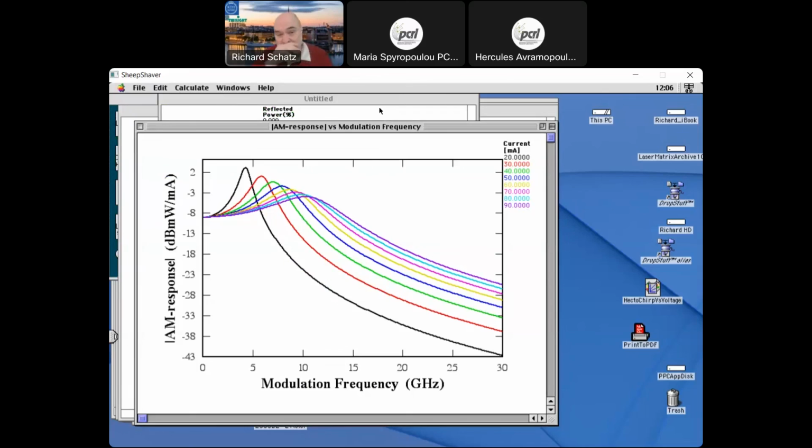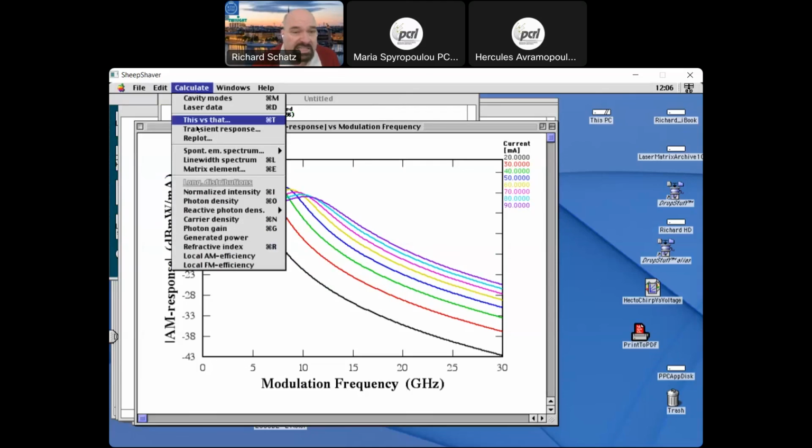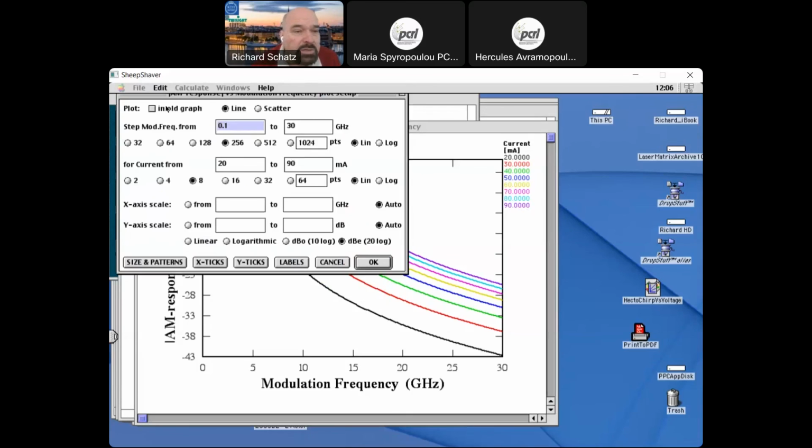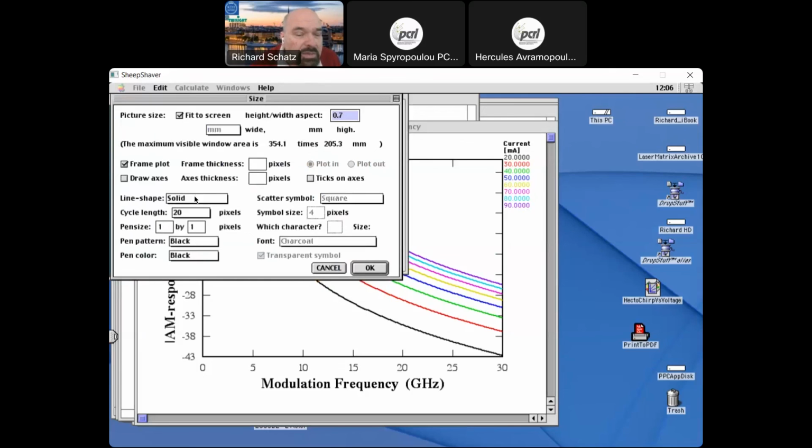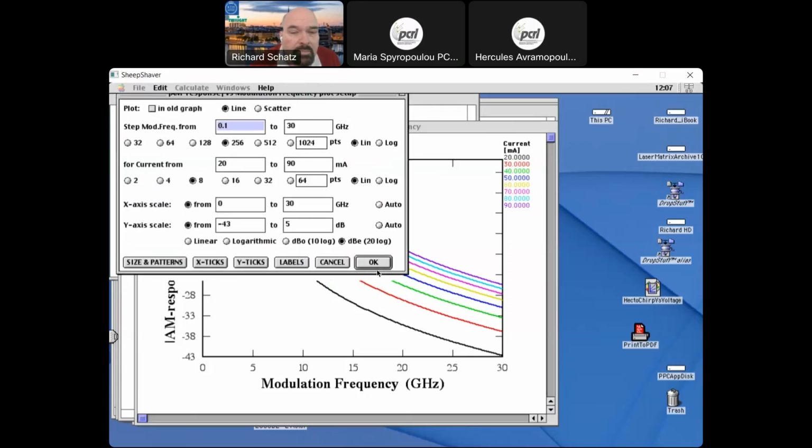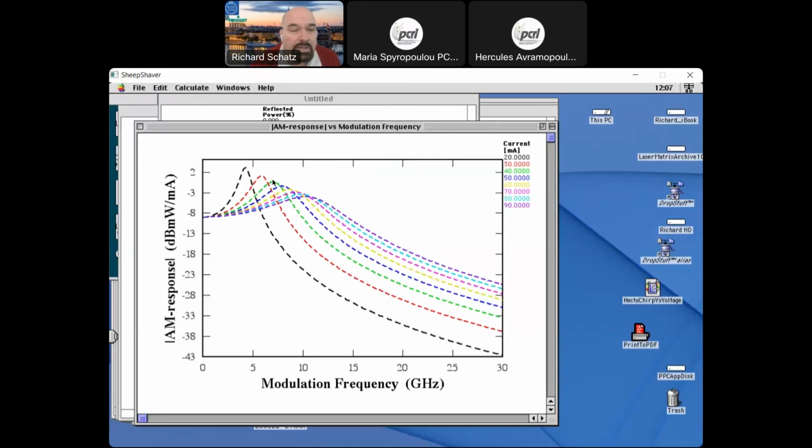But now we will try to enhance this bandwidth by using detuned loading. So I will replot this as dashed curves so we can compare them with the curves we get when we have good detuned loading. So remember these curves.